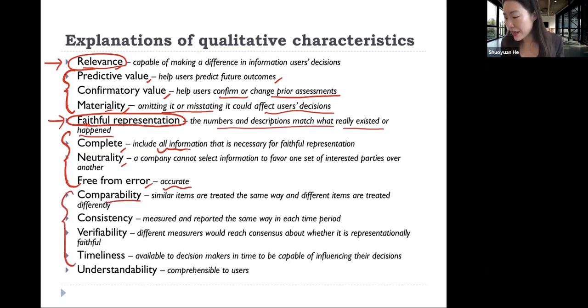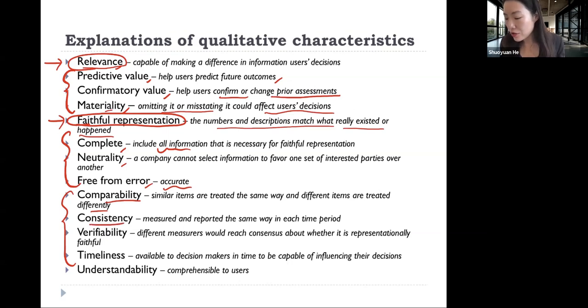Comparability: similar items are treated the same way and different items are treated differently. Basically, different firms should apply the same accounting principle so that their financial information is comparable. And one firm should try to apply the same one over time so that its accounting treatment is consistent.